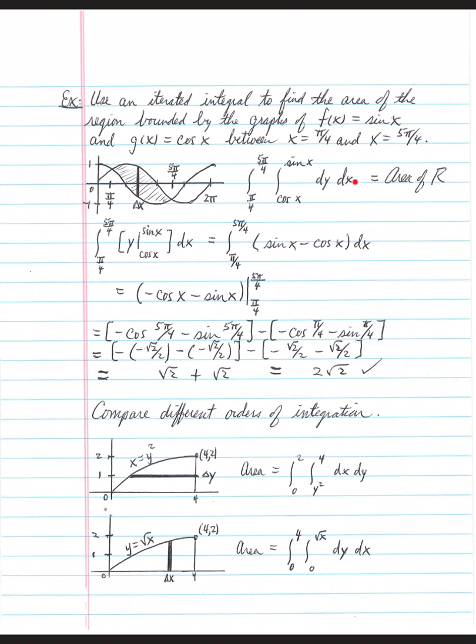I was sure to put the dx differential on the outside. Then on the inside, sine is on top of cosine. So we're going to need to make sure sine is the upper limit, cosine is the lower limit in the y direction. Remember to work these inside out and you'll get the area of the region shaded here.